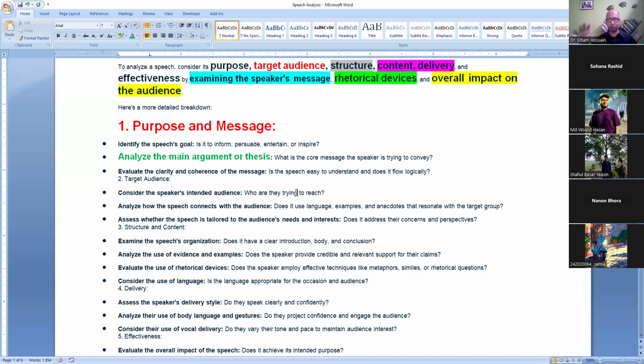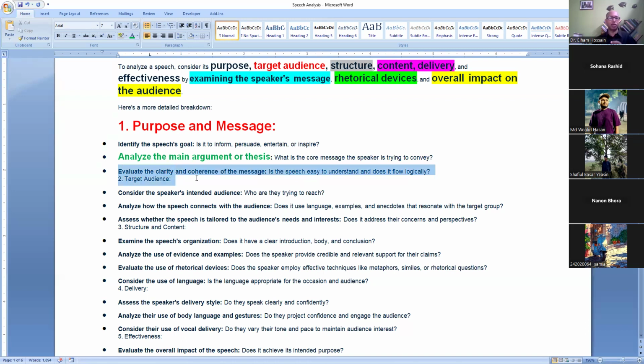So you have learned all these things. So analyze the main argument or thesis. While analyzing a speech, just find out the thesis statement, in which sentence or sentences the speaker has incorporated his main argument. Okay, so you have to think of it.